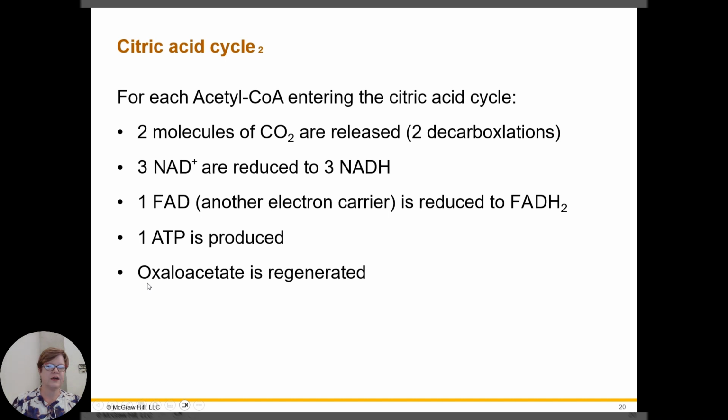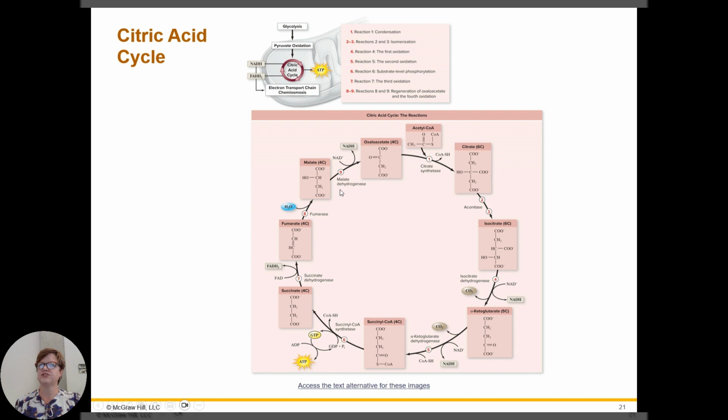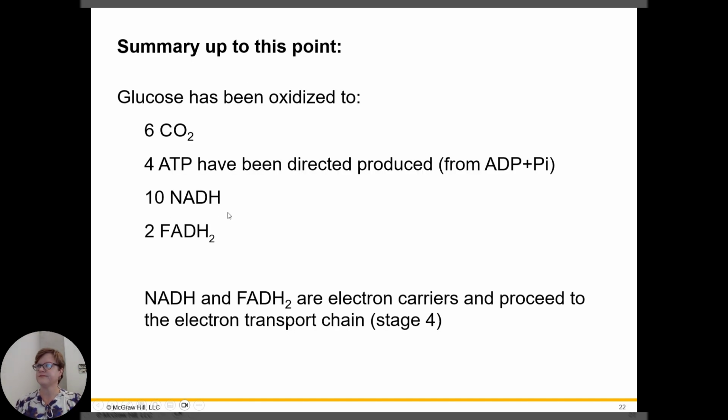And we say that the oxaloacetate, that 4-carbon molecule, is regenerated. So it's both a reactant and a product. This picture shows the full 9 steps, which you do not need to know, but each of these is catalyzed by a different enzyme, which potentially has different inhibitors that can block each of these enzymes.